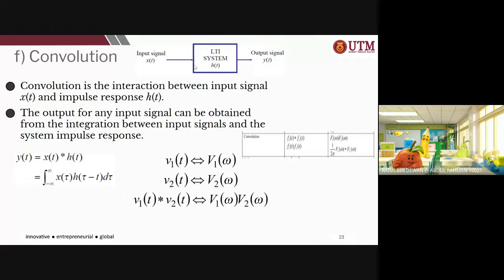Okay, good. It's linear time invariant. So what is linear time invariant? It's a fixed system. If you provide t minus 1 in the time domain, the frequency domain should have similar changes as well.